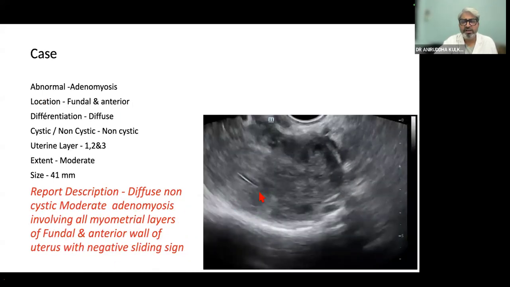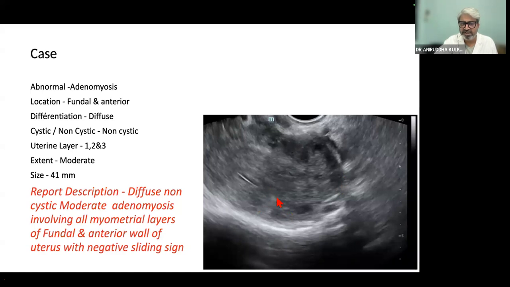Now here, can you see these hypoechoic infiltrates in the subserosal surface, which are nothing but more than 5 millimeter infiltrates below the serosal surface. So the typical report description in this individual was diffuse non-cystic moderate adenomyosis involving all myometrial areas.